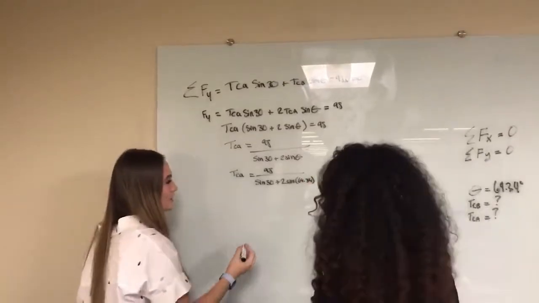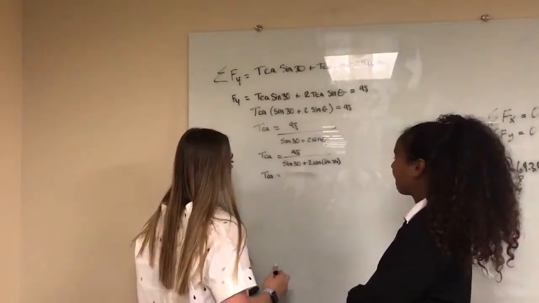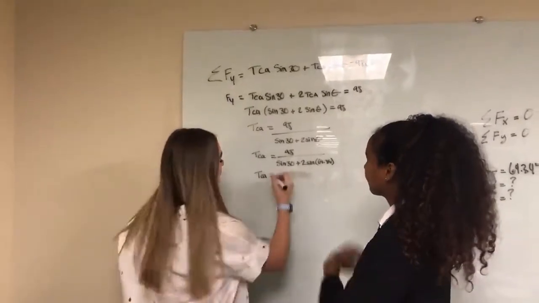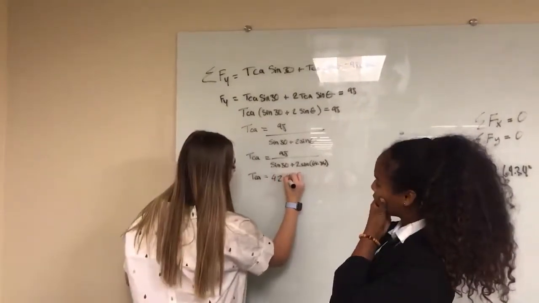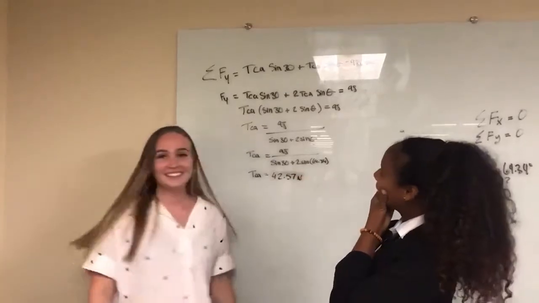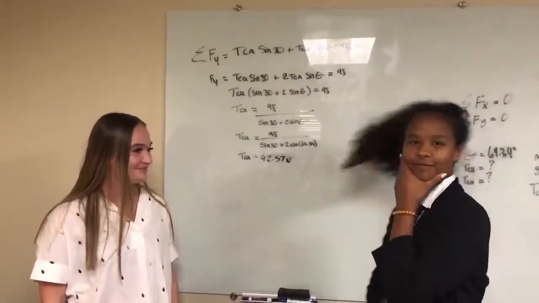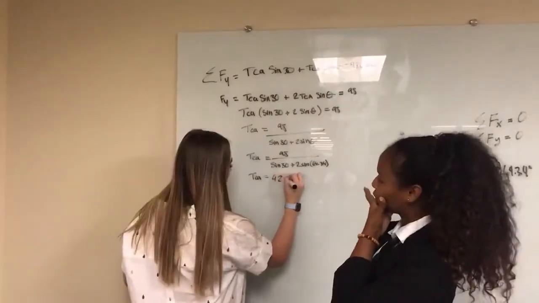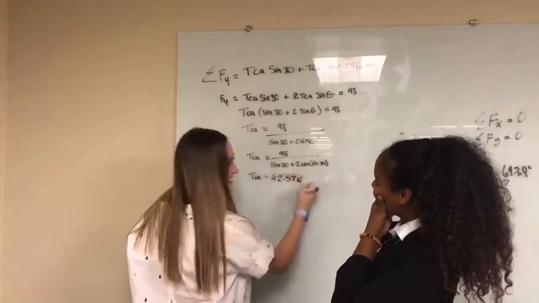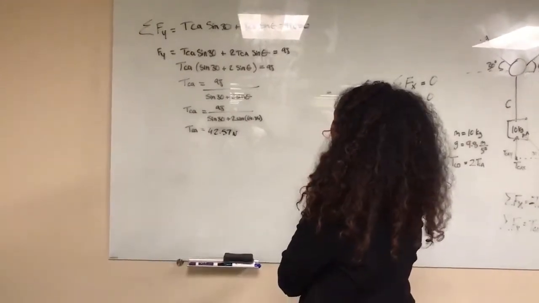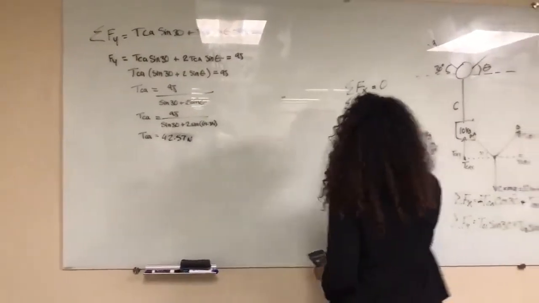Okay, so now we just plug this whole thing into the calculator. So we get that TCA equals 42.57 newtons. Okay, I see it. Great. So 42.57 is the force of A, so we can erase this.